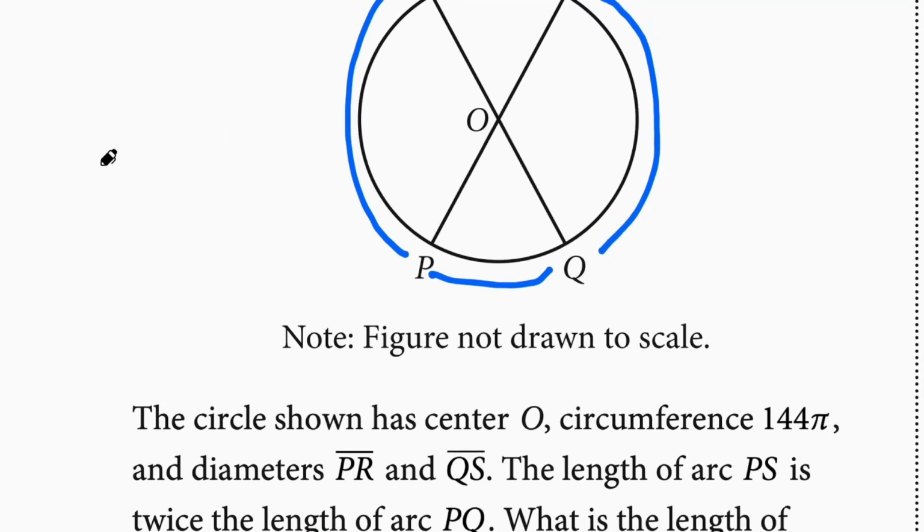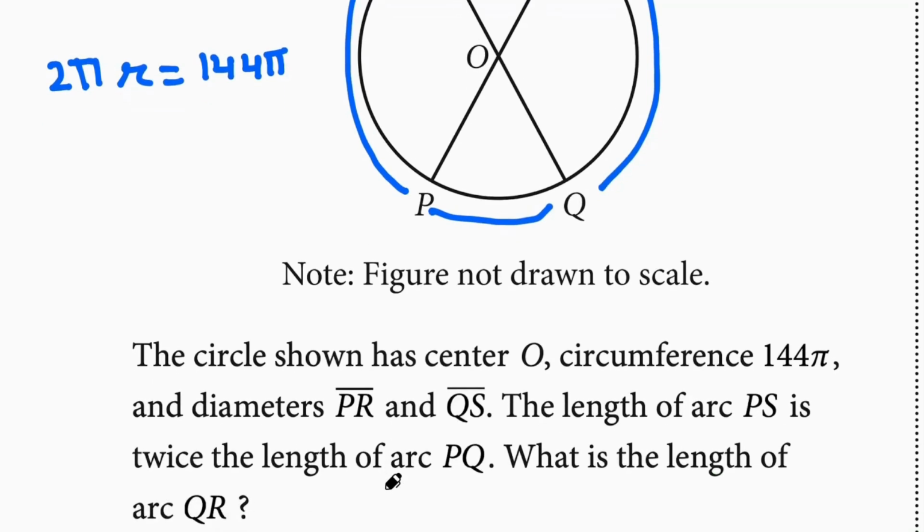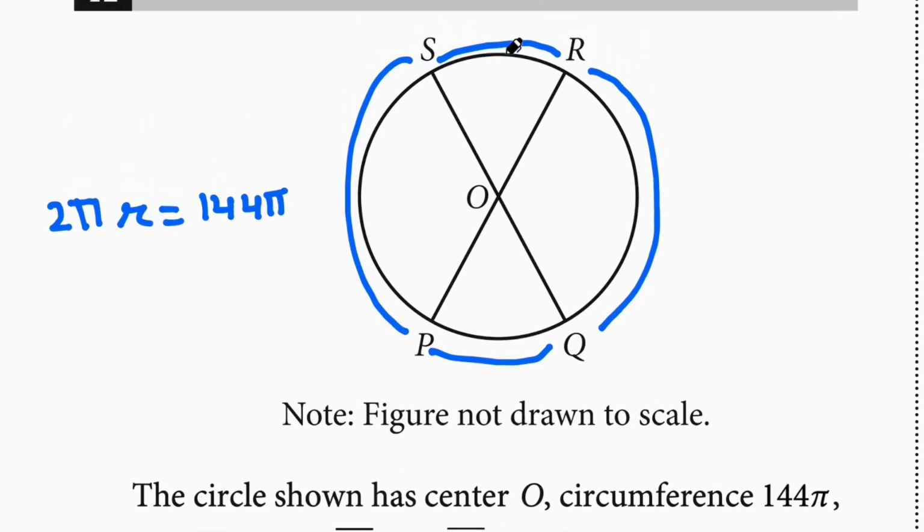So the whole circumference, that means 2 pi r, is equal to 144 pi, right? I can find the radius from here, but is it necessary? Is it required to solve the question? I think not. It's about the lengths of the arcs. So if SR is x, then because these are diameters, PQ is also x and RQ is double that of PQ.